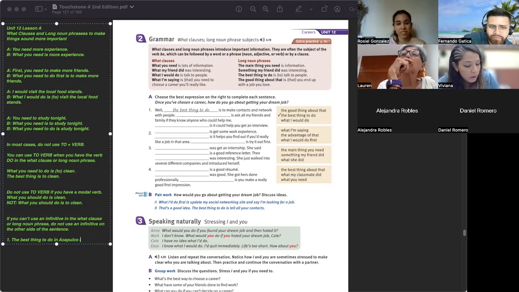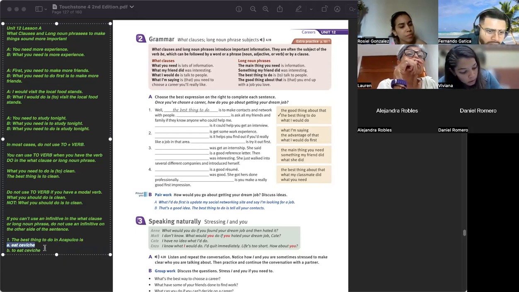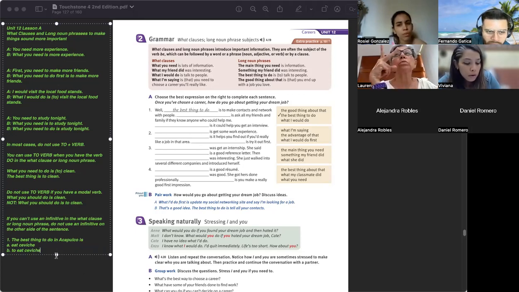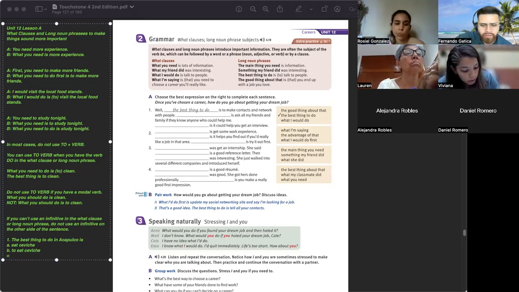Can I use A, B, or both? Both. Yes. The best thing to do in Acapulco is eat ceviche, or the best thing to do in Acapulco is to eat ceviche. Both are correct.